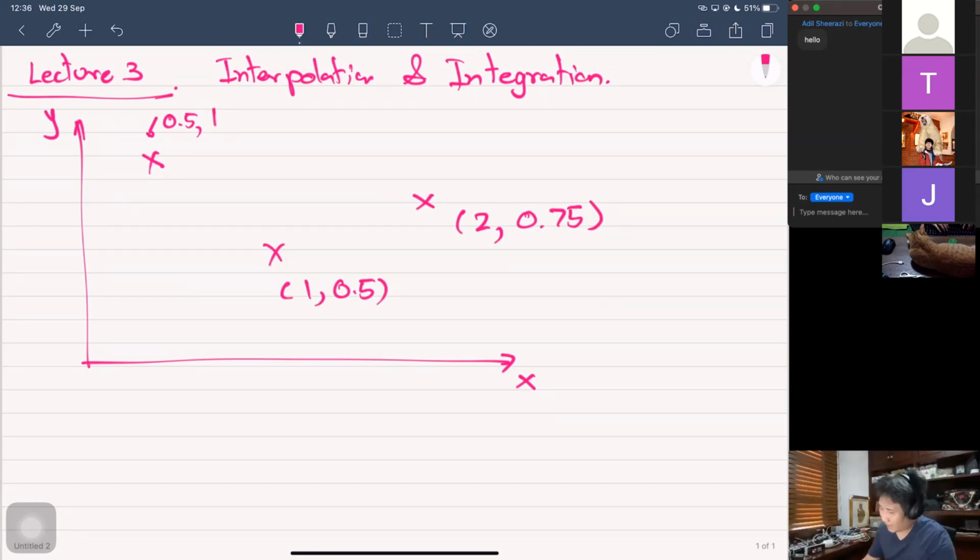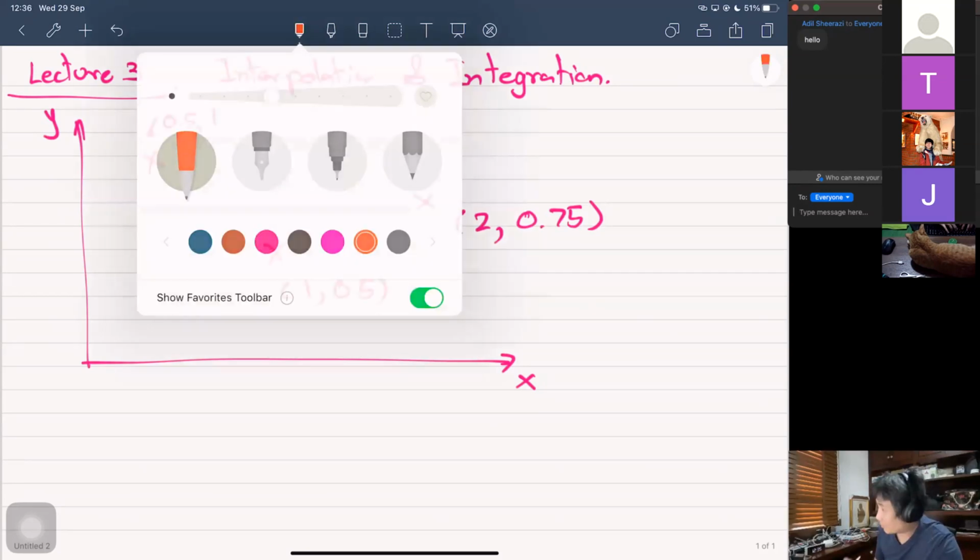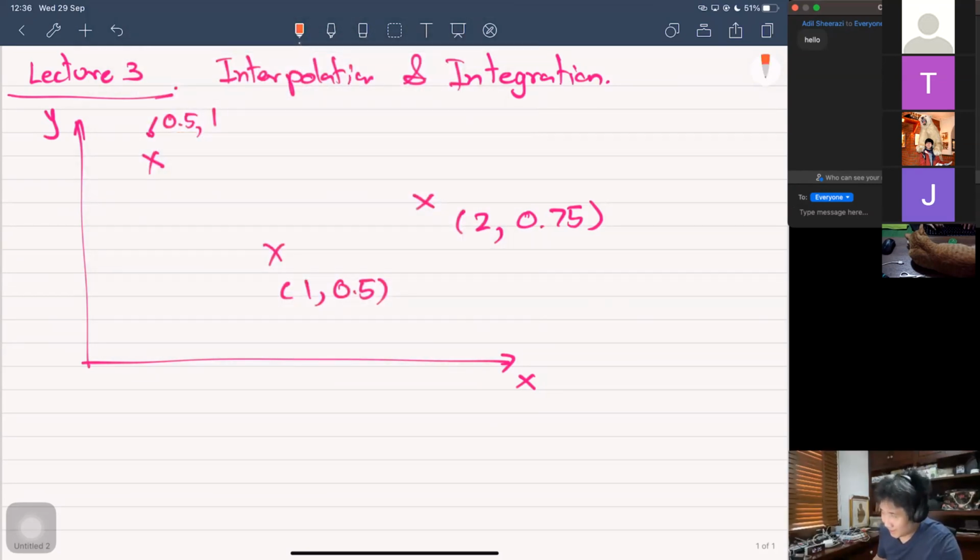You have 3 points, and the question I'm asking you for the interpolation is the following. Can you give me the value at x equal to, I don't know, 0.75, which is about over here? So these three are samples of some function. What would you do?